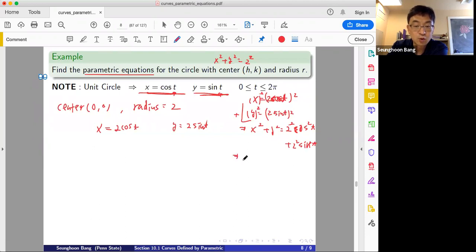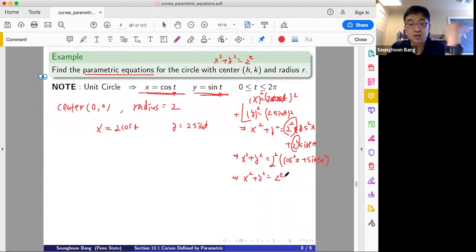It's the same to x squared plus y squared equals 2 squared, a common factor, times the cosine squared of t plus sine squared of t. The cosine squared plus sine squared is just 1. So we have x squared plus y squared equals 2 squared. That's it. This is the whole idea.